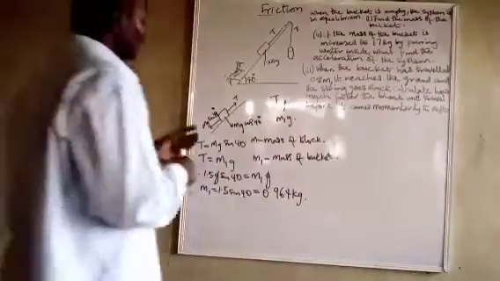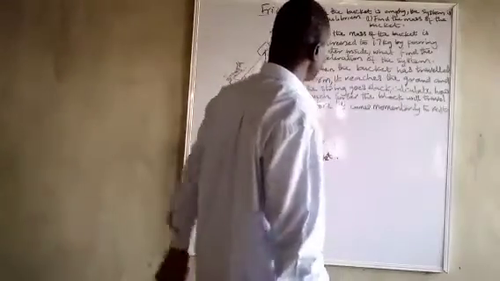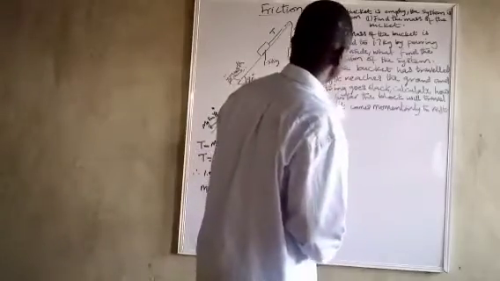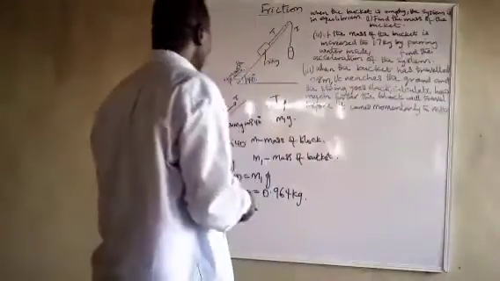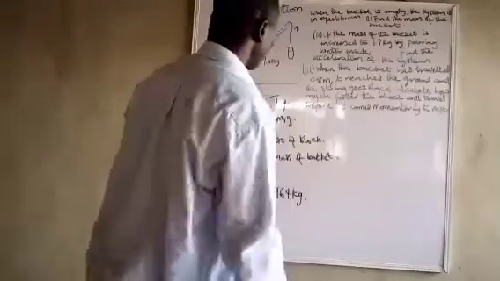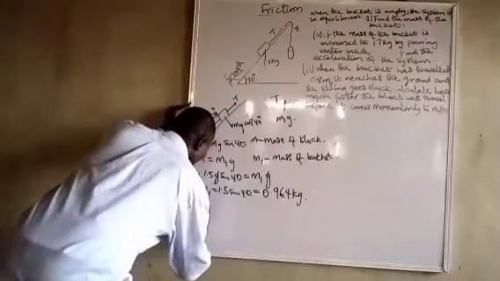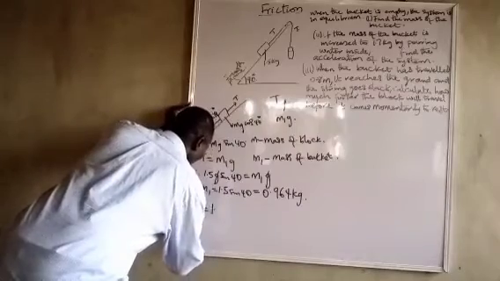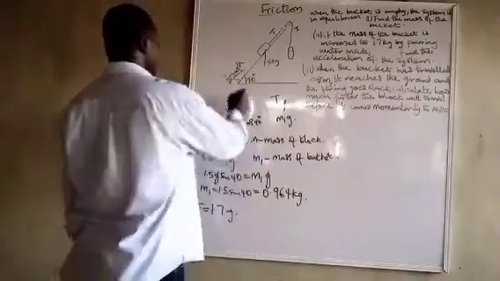We are now told that the mass of the bucket is increased to 1.7 kilograms by pouring water inside, and we should find the acceleration of the system. Here, T is now equal to 1.7 g. What does that mean?